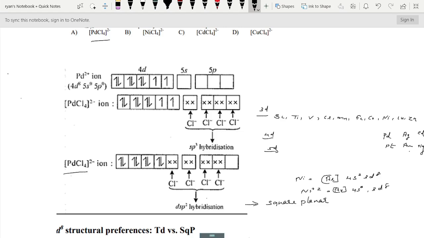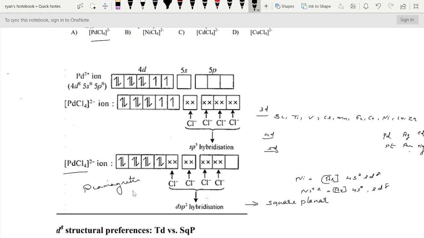PdCl4 2- is diamagnetic in nature, which indicates square planar geometry.